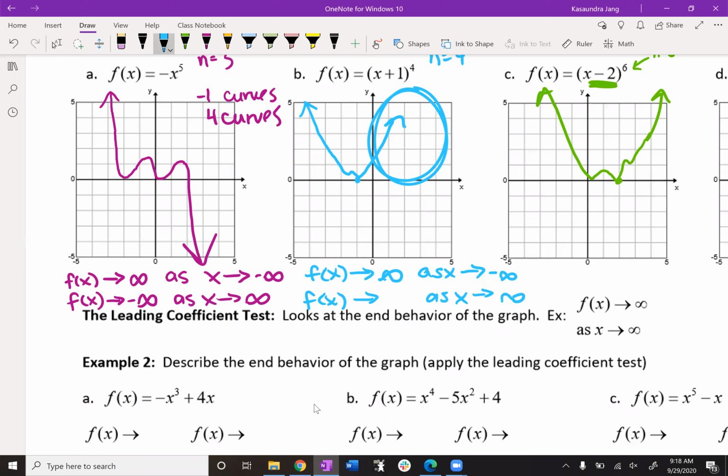If my x's are going to the positives, my x's are going to the right. So on the right side of my graph, what do the f of x, what do the y's do? Also positive infinity, like they're going up. My y's are going to positive infinity, going up as my x's go to the right. Okay, do you guys have any questions on this yet?